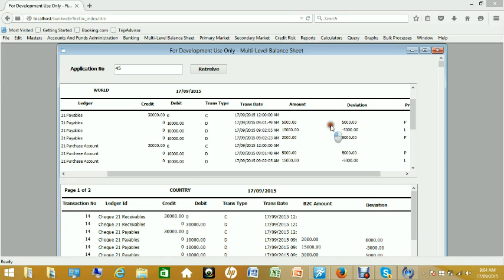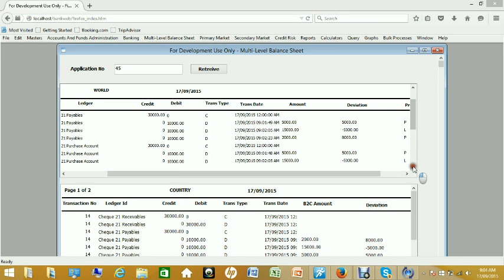So the deviation is 5,000, so it is interpreted as profit. That's because we spent less money than what was the target set. Now if we check this transaction, the target is 10,000, and the amount spent is 15,000, so the deviation is 5,000, so it is interpreted as loss.